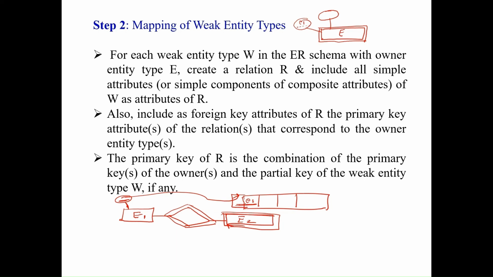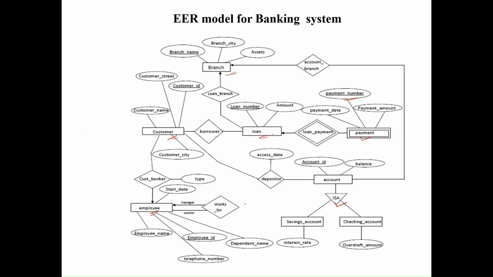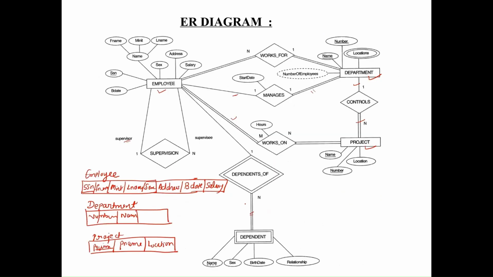So let's take the example of our company database. Again, go to the particular ER diagram. Here, dependent is a weak entity. Dependent has a name. Suppose a particular employee has two dependents. How can we identify that this dependent is for a particular employee?